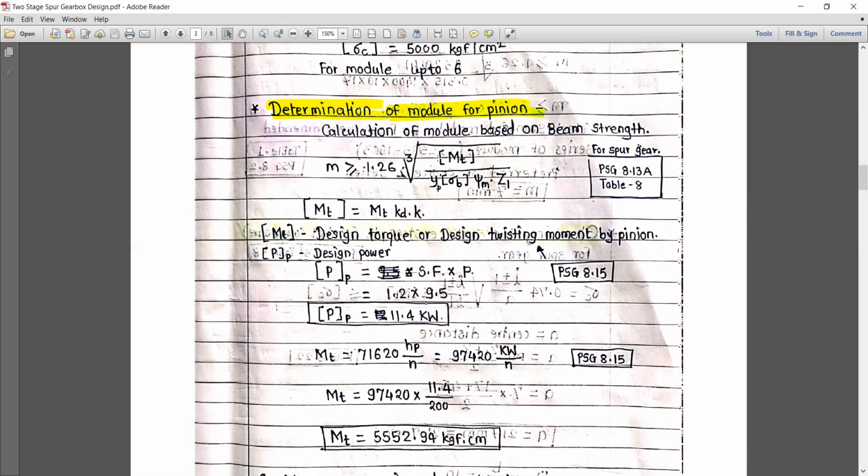As we have power in kilowatt, we have to convert it into Newton or kg centimeter.